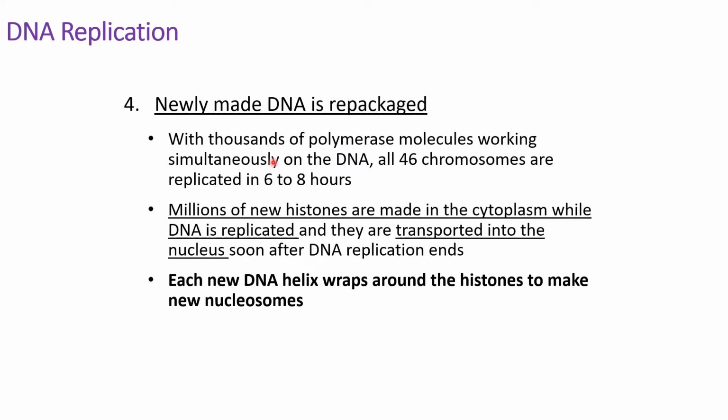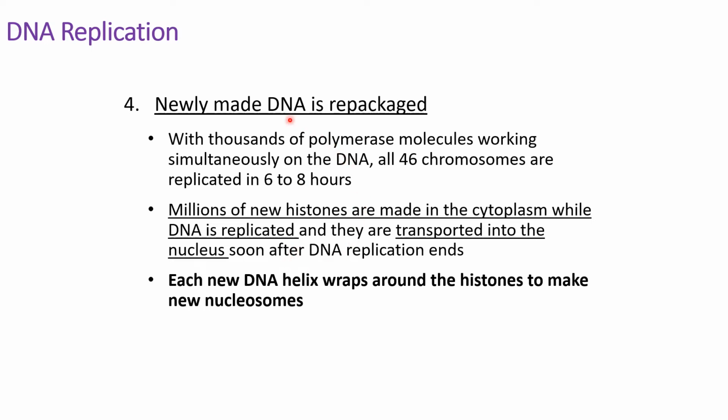You have a lot of them, thousands. And this is for the purpose of speeding things up. We don't want cell division and mitosis to take forever, so we're going to do this pretty quickly. As it says here, all 46 chromosomes, we have 46, right? All 46 are replicated in only 6 to 8 hours. Again, I'm not going to ask you about those details, it's just there for your interest.